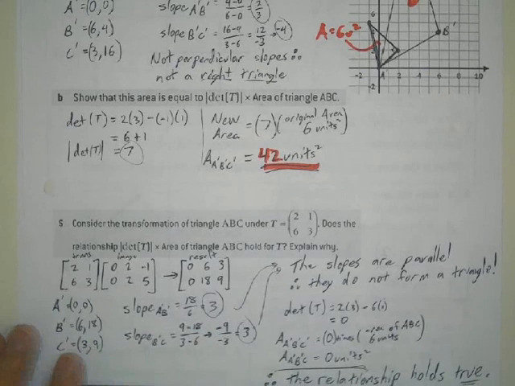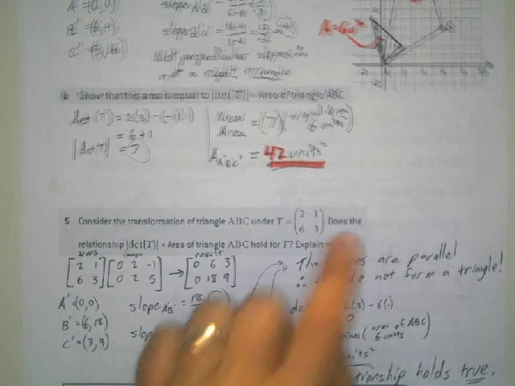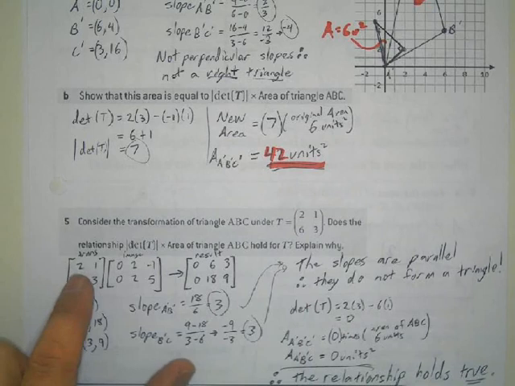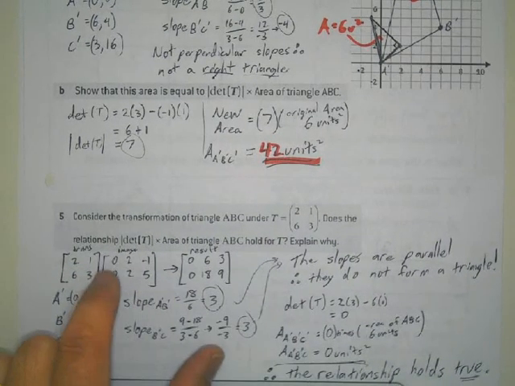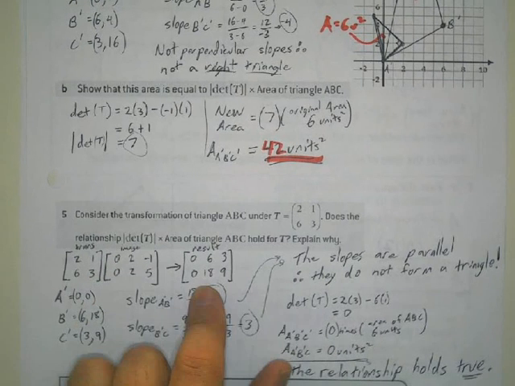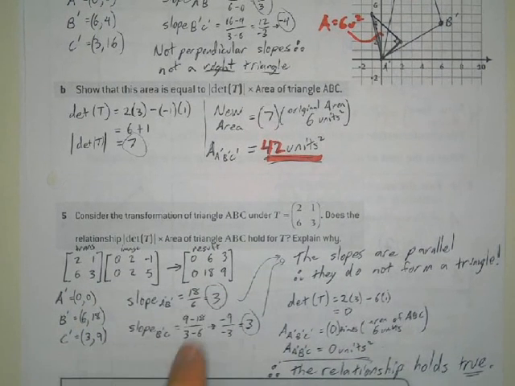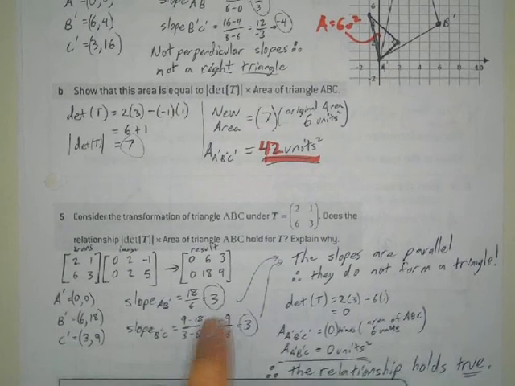So consider the transformation. Here's a third transformation. Does the relationship hold true? Okay, so if I multiply this transformation matrix times our original matrix, 0, 0, 2, 2, -1, 5, we end up with this result matrix. And if I find the slopes, the slope of AB gives me 3, and the slope of BC gives me 3.